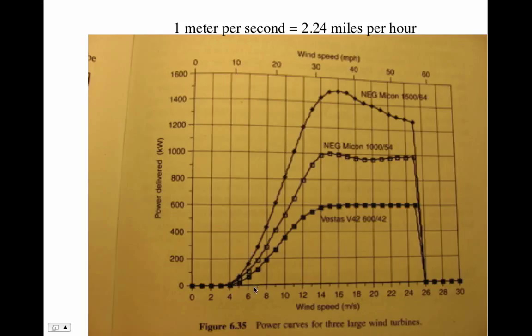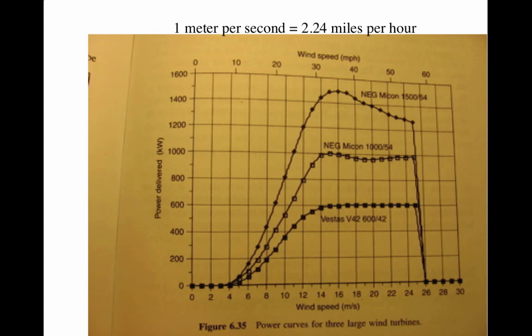What this is showing is the wind speed in meters per second and the power output of the machine. You can see here at 10 meters per second, this machine's putting out 800 kilowatts. And at 16 meters per second, it's rated 1500 kilowatts, and then it feathers back to preserve itself.